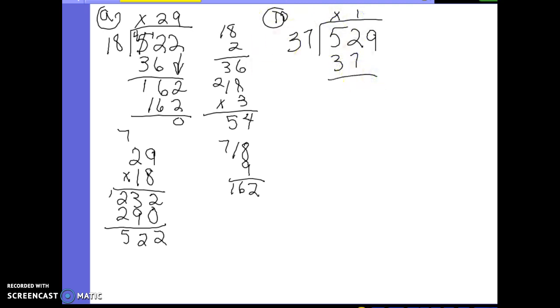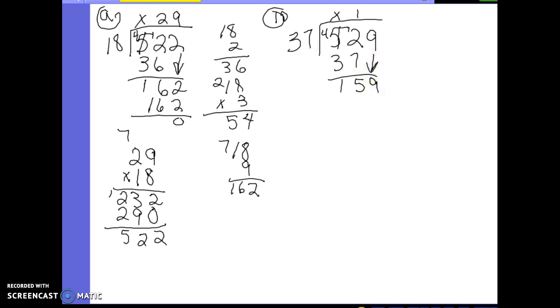We should know that because if we did 30 plus 30, we would get 60, and 37 is bigger than 30, so we would know that would not work. Then we're going to have to regroup here. And what is 12 minus 7? That's 5. And 4 minus 3 is 1. Is 15 smaller than 37? Yes. So we're good. We're going to bring down our 9.